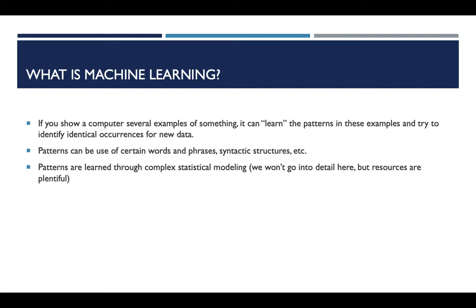And basically, if you show a computer several examples of something, usually several refers to several hundred or several thousand a lot of times, maybe more, it can learn the patterns in these examples, draw the patterns automatically through use of maybe statistical analyses, and then it'll identify identical occurrences or similar occurrences for new data.